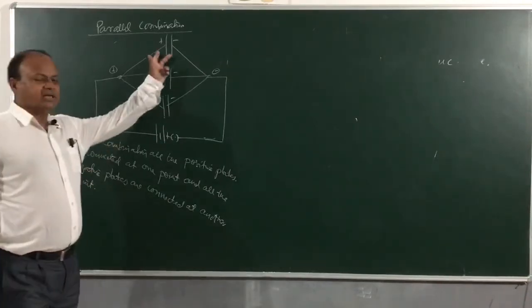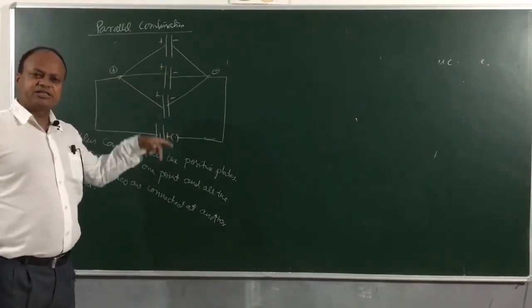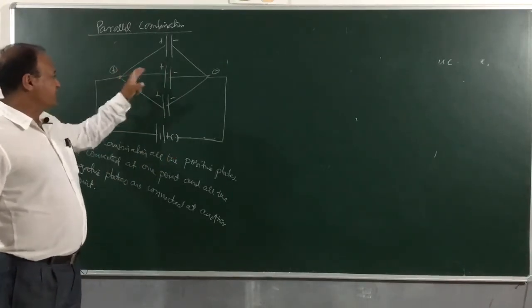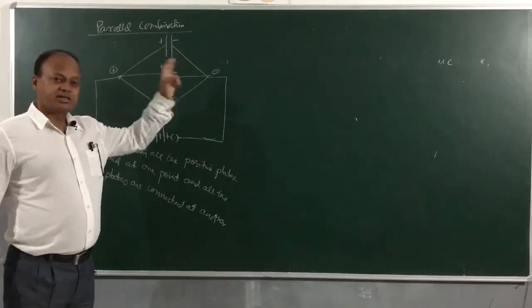All the positive plates are connected at one point, all the negative plates are connected at another point. See here, all positive are connected at one point and all negative connected at another point.